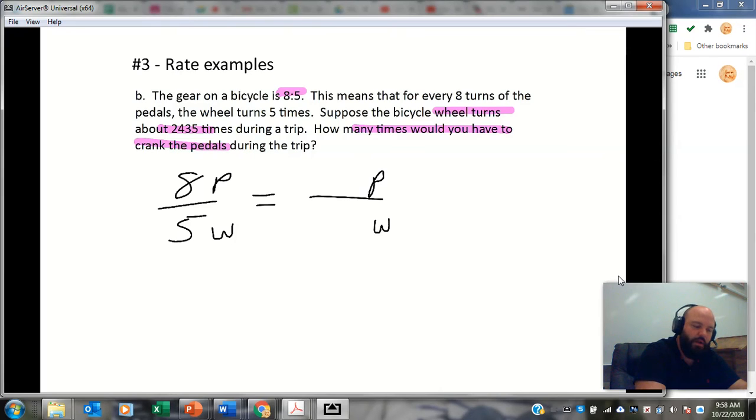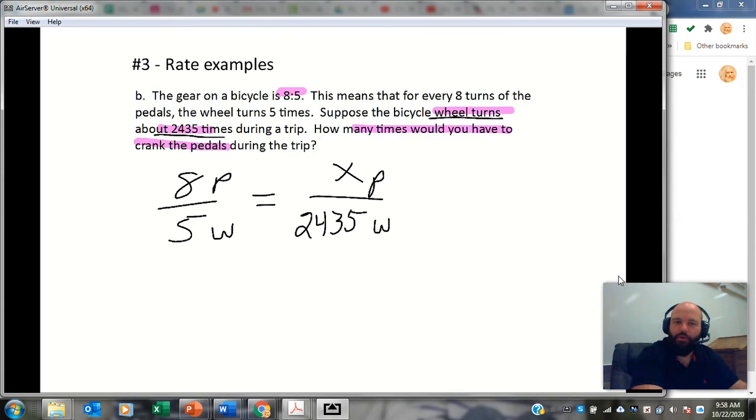Pedals on top, wheel turns on the bottom. In this case, they told us that the wheel turns about 2,435. So that's going to go right here. And our unknown is how many times the pedals turned. So we'll call that x.